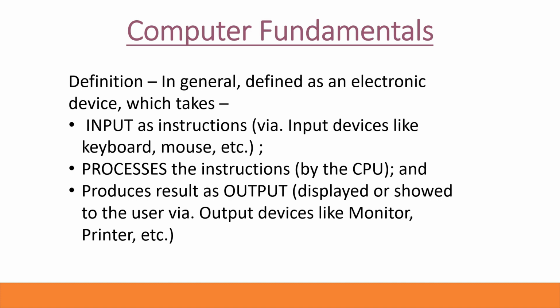The most common examples are the monitor or the screen that is in front of you, or a printer. I think this is the most basic definition of a computer, and it clears up what a computer does and justifies what a computer is.